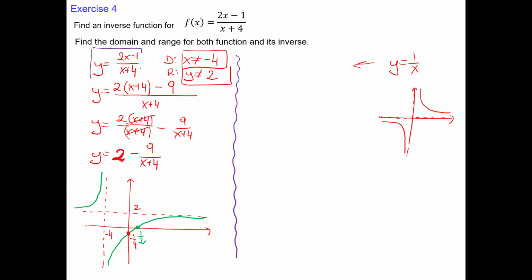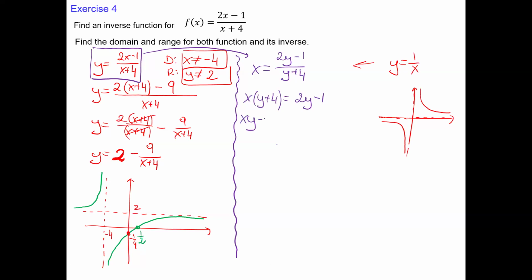I will take this and interchange: x equals 2y minus 1 over y plus 4. Let's solve for y. Multiplying both sides by y plus 4, distributing x: xy plus 4x equals 2y minus 1.